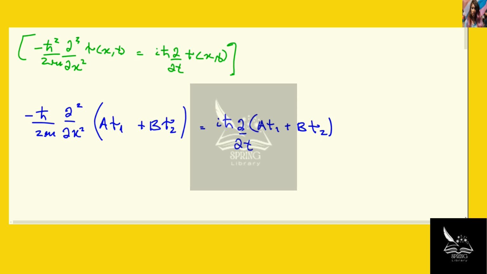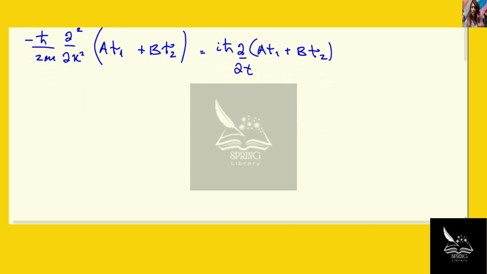Okay, therefore we know that the partial derivative can be distributed between these two functions, it is additive, it is an identity.